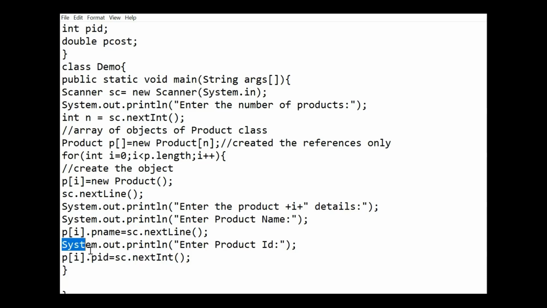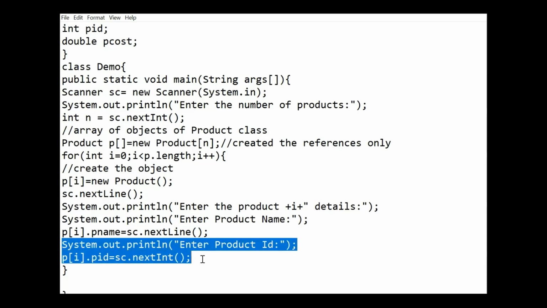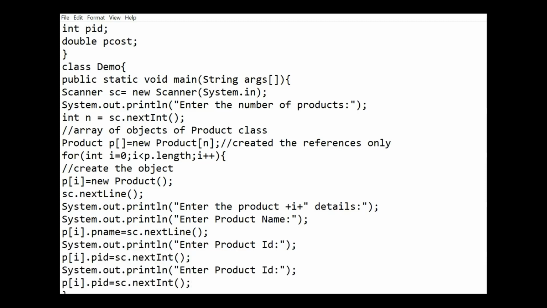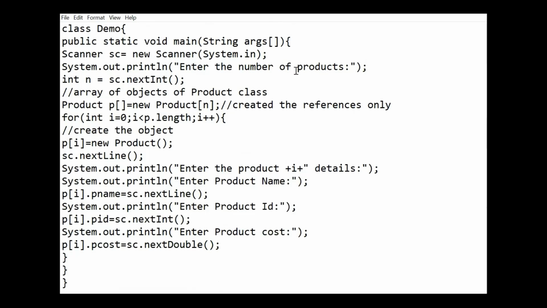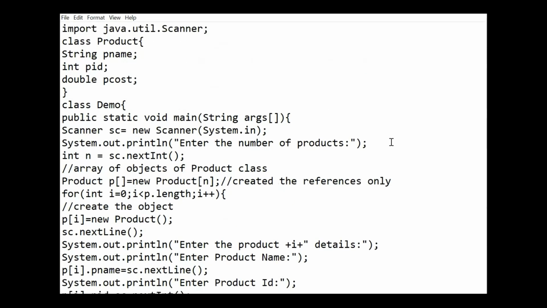Then again I want one more data to be read for the product, which is enter product cost. And here I'm saying pcost is equal to sc.nextDouble, because this is the data type double. So that's it. I just have read the data. Just taking a look at the code here, I'll extend this code, but still with the basic thing we have developed.